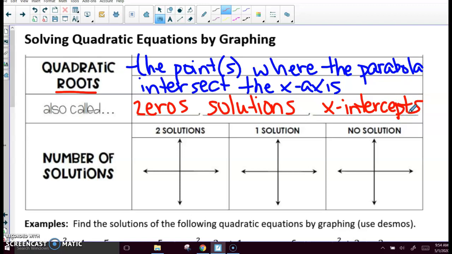So all four of these words, roots, zeros, solutions, and x-intercepts, all mean the same thing. It's the point or points where my parabola crosses the x-axis.